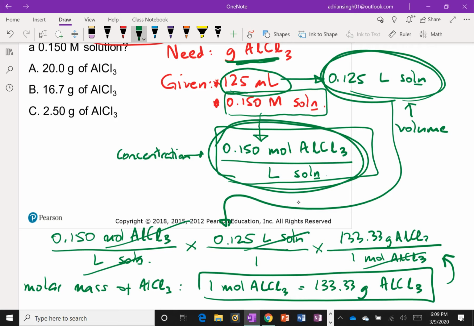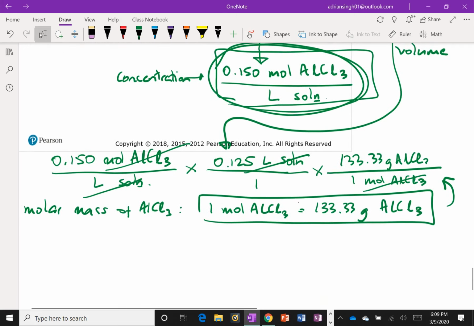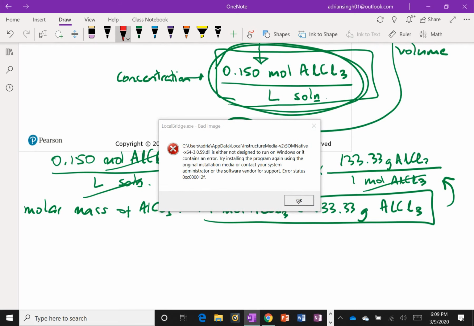Right, so using our concentration set up in a way where the units make sense together with our volume in the same unit as what we see in the concentration allows us to get to moles. And then once we get to moles, our whole world opens up.